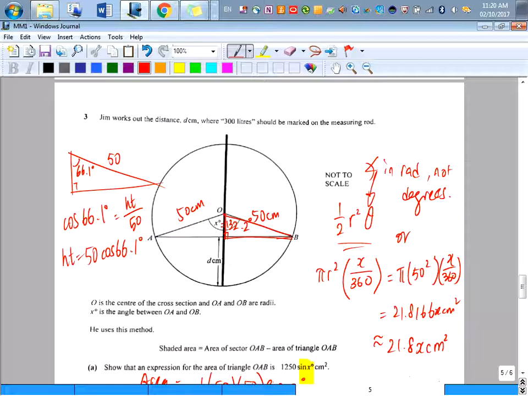So with my height, I can now find the value of D. D equals 50 cm minus the height, which is 50 minus 50 cosine 66.1 degrees. Key in exactly what you have, final step, then you round off. And you should get 29.7 approximately.